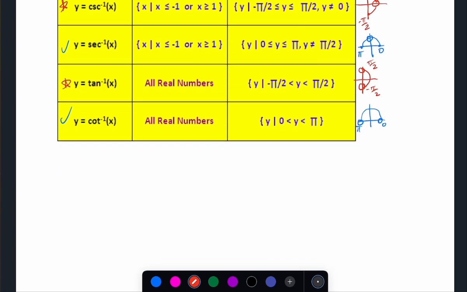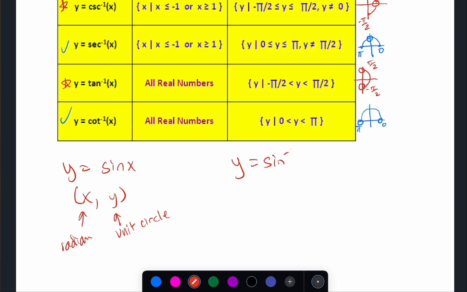So if we do y equals the sine of x, this is your radian measure. This is your unit circle value. An inverse trig function will be denoted with that little -1 symbol.